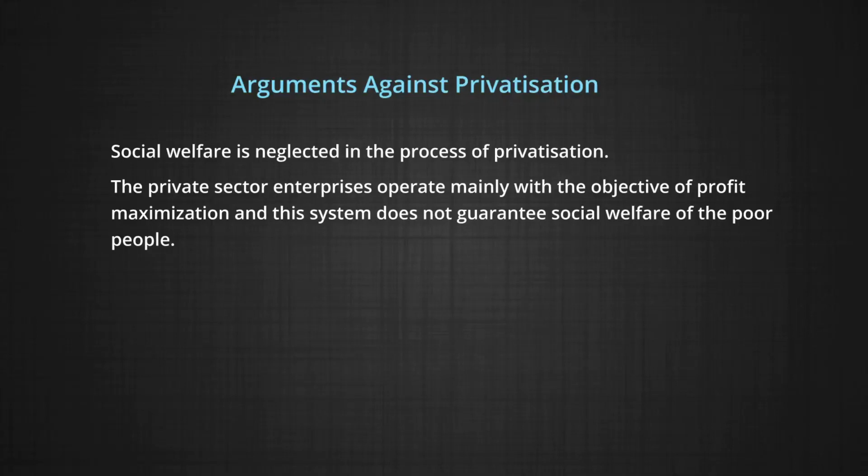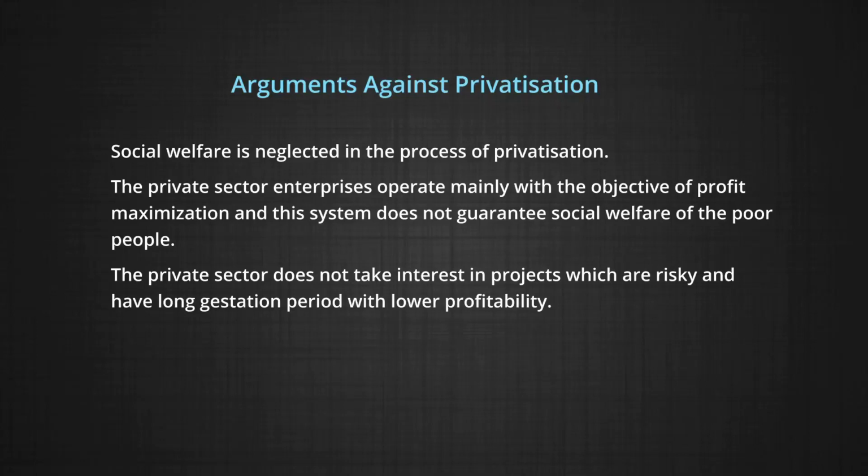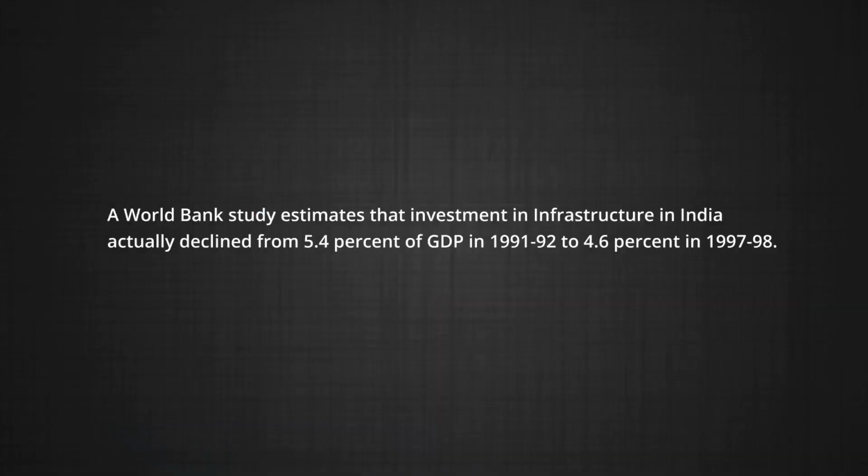The private sector does not take interest in projects which are risky and have long gestation period with lower profitability. This may adversely affect the growth of basic and heavy industries and infrastructure in the country. A World Bank study estimates that investment in infrastructure in India actually declined from 5.4% of GDP in 1991-92 to 4.6% in 1997-98.